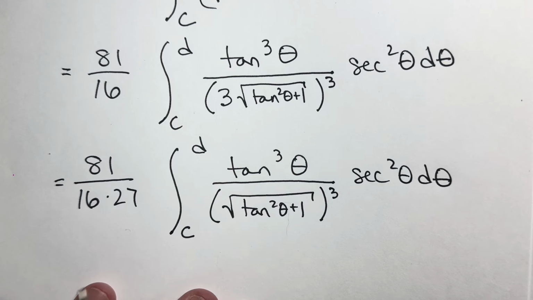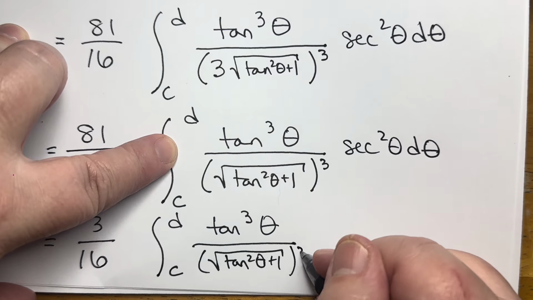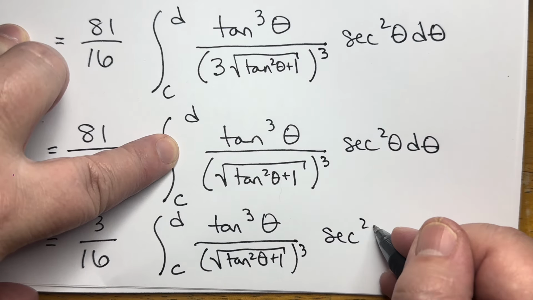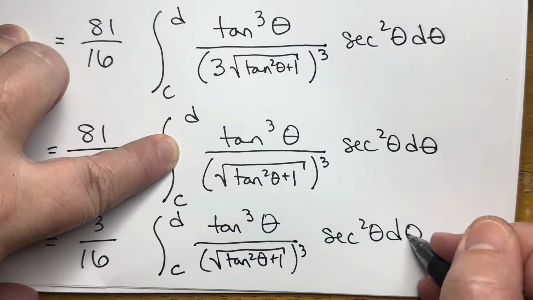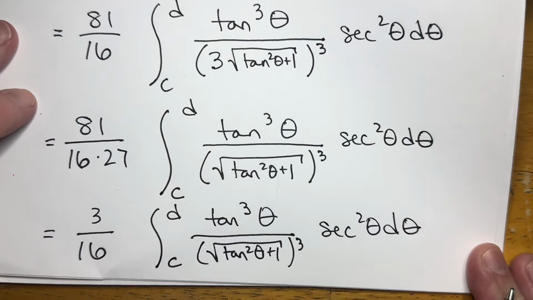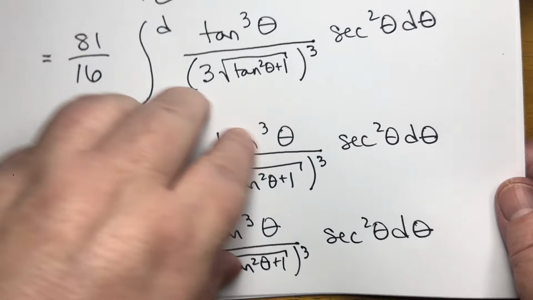So we get 3 over 16 integral from c to d of tangent cubed theta all over radical tangent squared theta plus 1 cubed times secant squared theta d theta. Okay. Whoa. Okay, that's page 2.